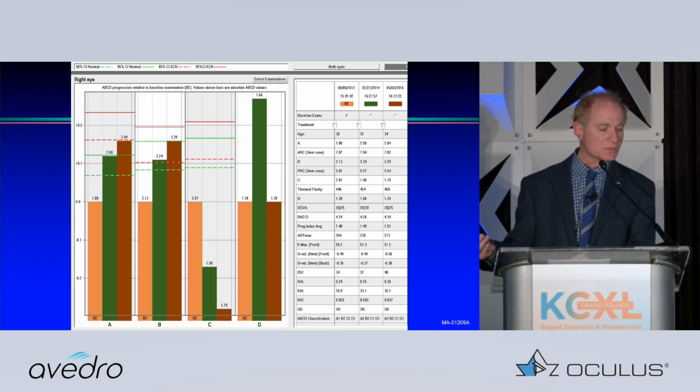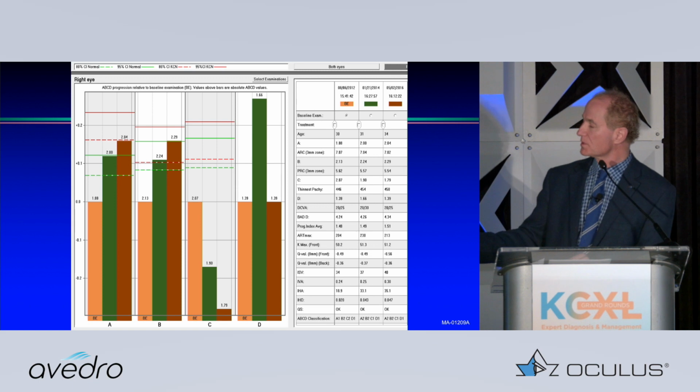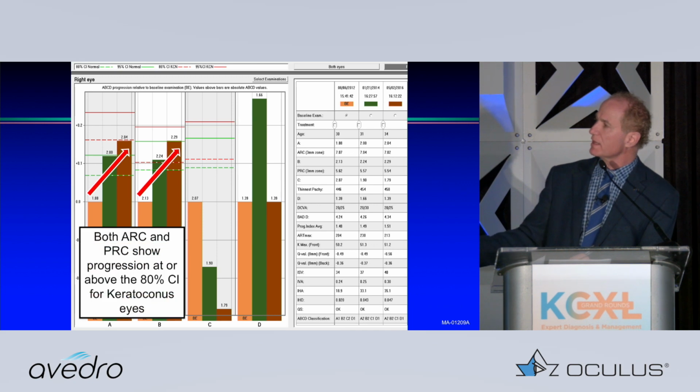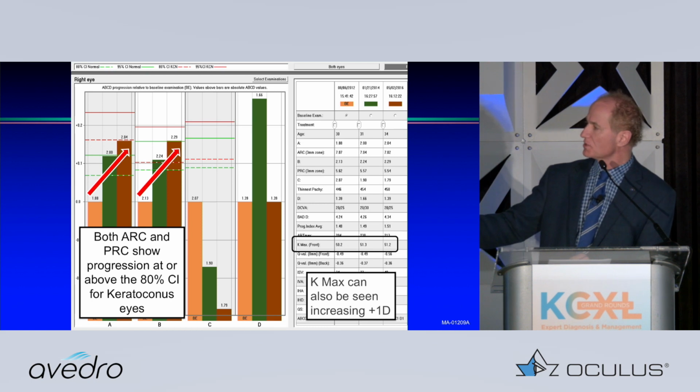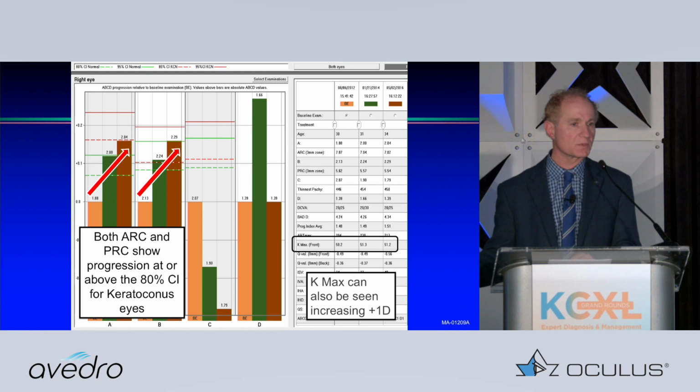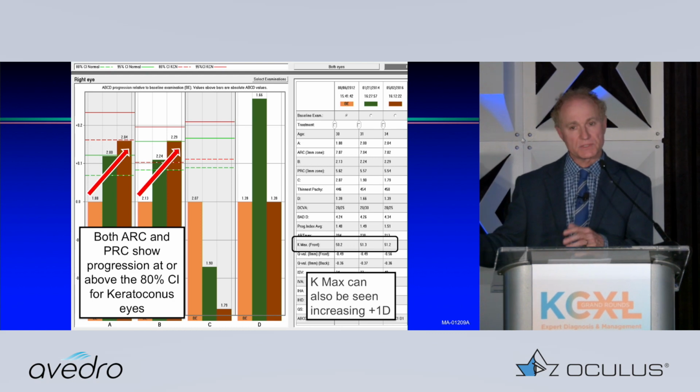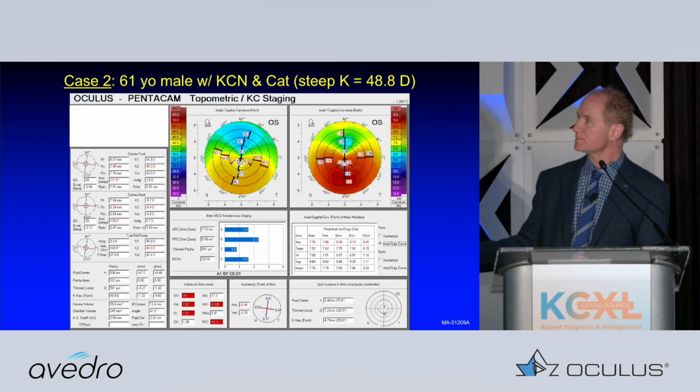If you look at the actual screening tool with the ABC, you can see where it started out here at a lower level, but it started advancing for the anterior surface, the back surface, and of course you can see a little bit of the thickness changing as well. It's becoming thinner as time goes on. And of course you can look at individual metrics that again confirm that was at least a diopter of progression over the course of that year. So this is somebody that should be cross-linked.